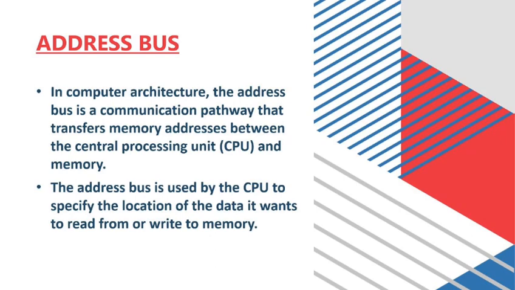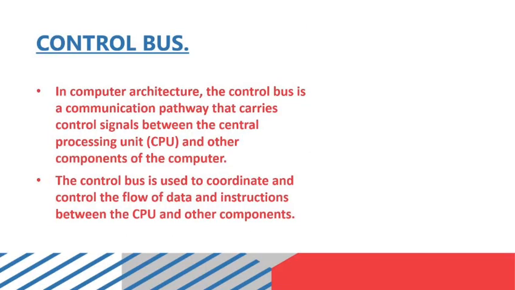In computer architecture, the control bus is a communication pathway that carries control signals between the central processing unit, that is CPU, and other components of the computer. The control bus is used to coordinate and control the flow of data and instructions between the CPU and other components. Hello guys, myself Sahil Patil and I'll be explaining about control bus.